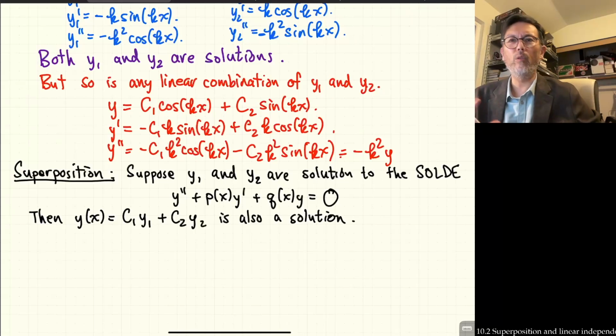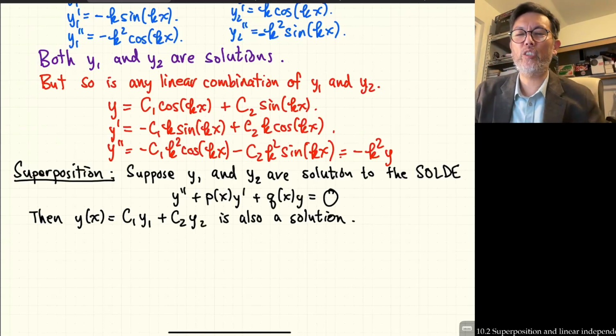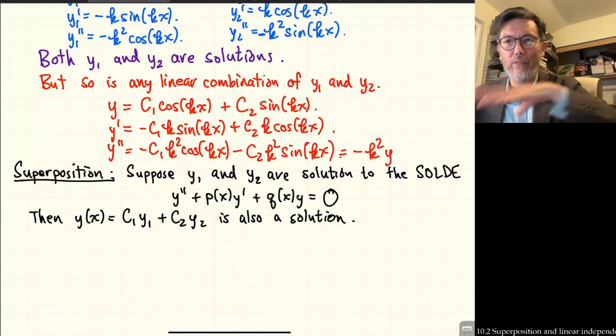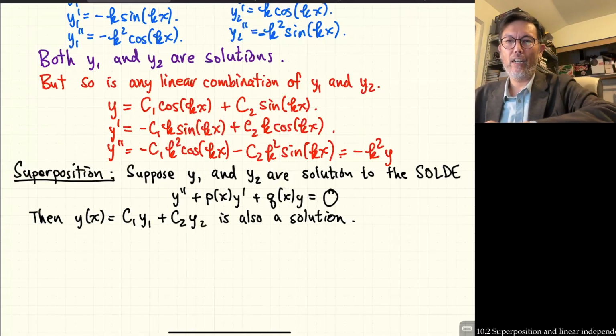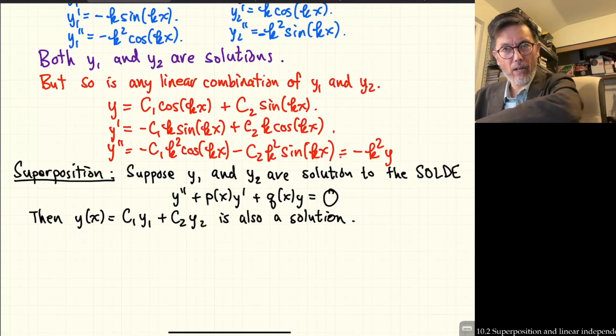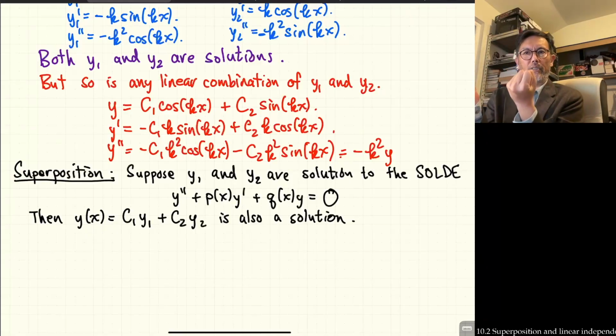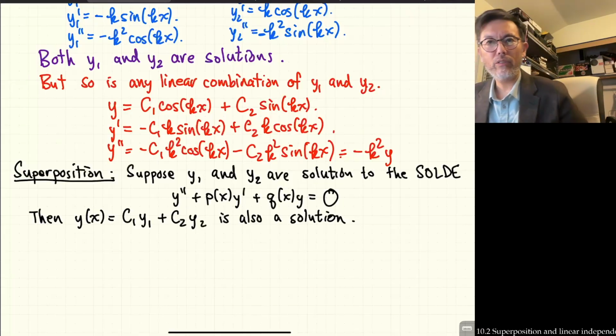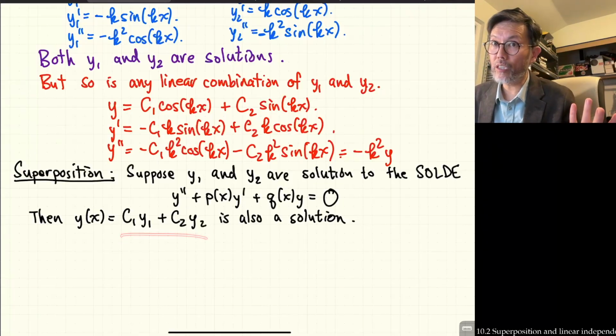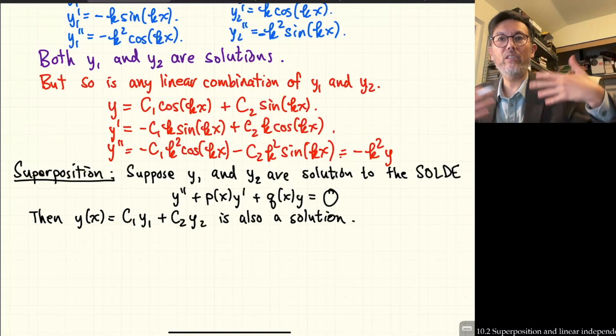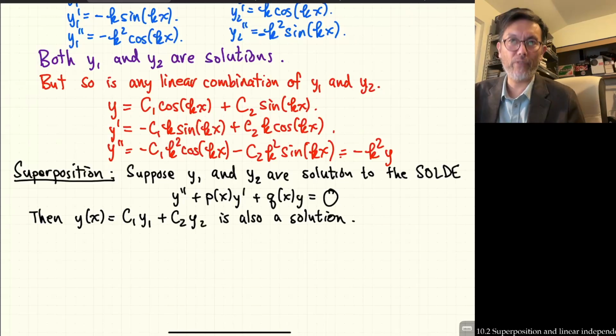So don't hold my feet to the fire if you are screaming inside your mind because you're thinking of some of these exceptional fringe situations. Just relax, okay? We'll get to them. But this is the essence of it, that from two solutions, y1 and y2, you can build out infinitely many solutions through this process of superposition, if you are a physicist and like physics lingo, or through building linear combinations if you're a mathematician.